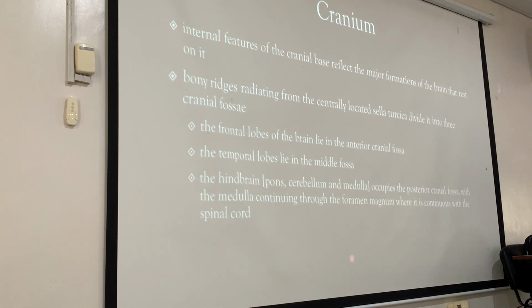The frontal lobes of the brain lie in the anterior cranial fossa. The temporal lobes lie in the middle cranial fossa, while the hindbrain occupies the posterior cranial fossa, with the medulla continuing through the foramen magnum, where it is continuous with the spinal cord.